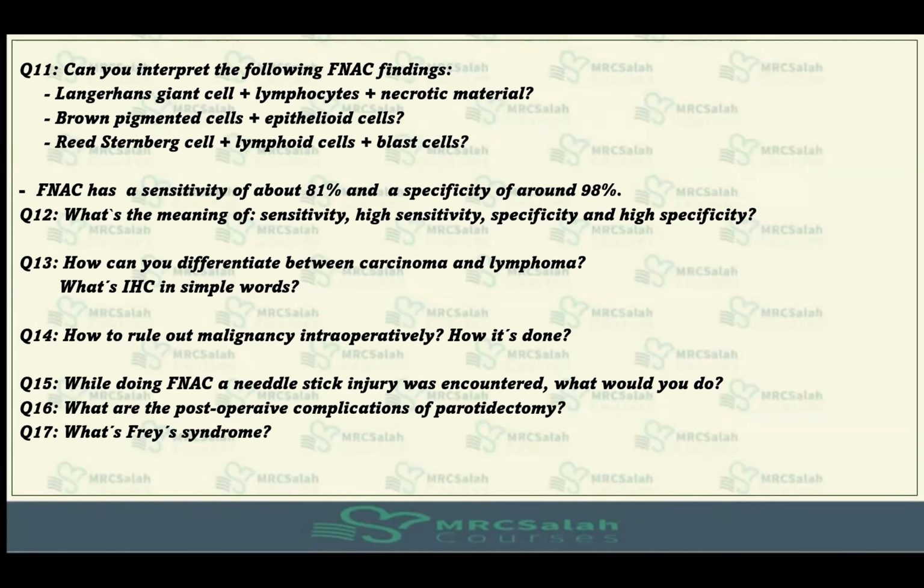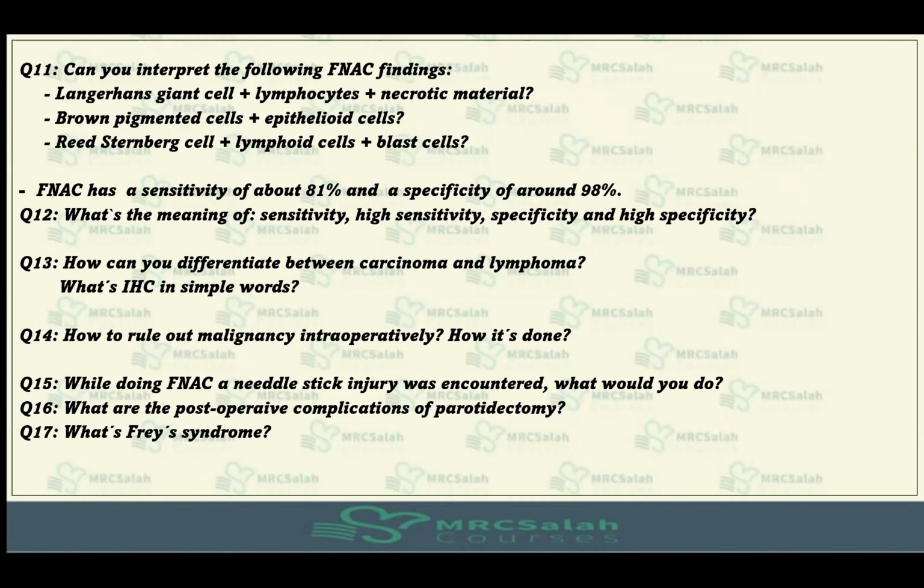It is gustatory sweating that happens postoperatively, with sweating and flushing of the face due to reinnervation of postganglionic fibers to sweat glands and cutaneous blood vessels. Okay, so it occurs due to injury to the auriculotemporal nerve.